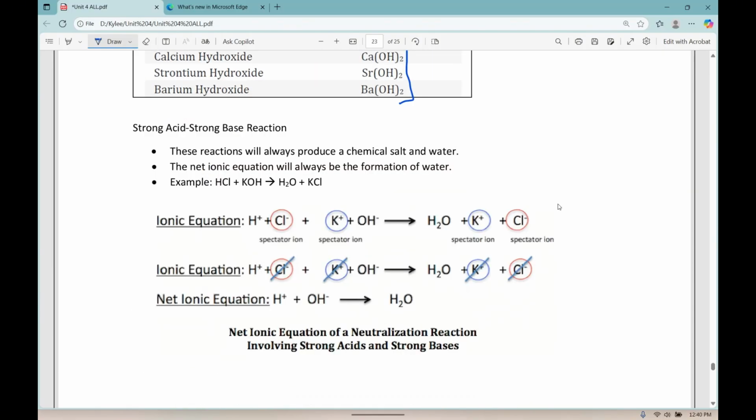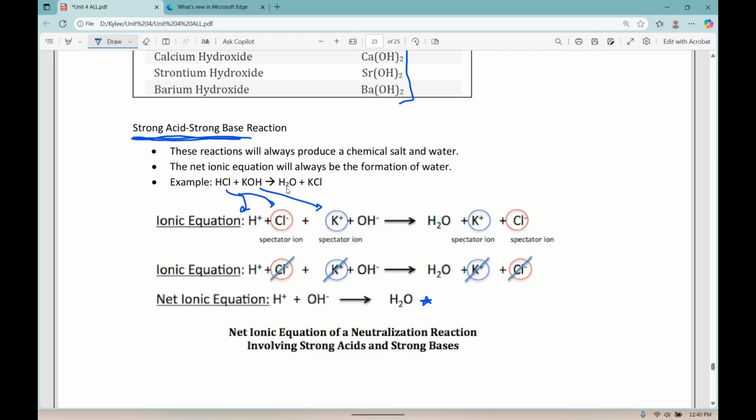Final thing that I want to mention here, again, this comes up later when we do acid-base in Unit 8. When I have an acid plus a strong base, so this would be strong plus strong, the net ionic for a strong plus strong will always be the formation of water. And that's because our spectator ions cancel. So we have this 100% ionization, and if they're both strong, that means that HCl is going to break up, and that happens 100% of the time.